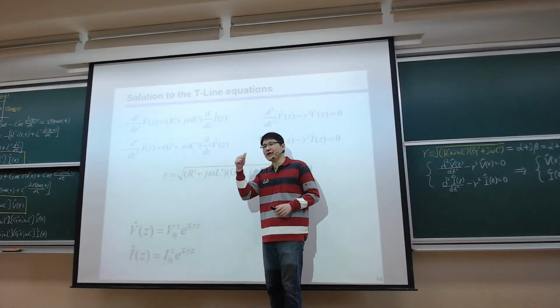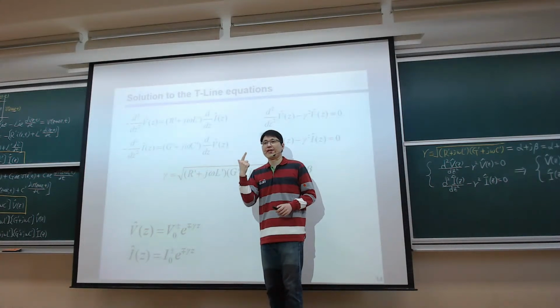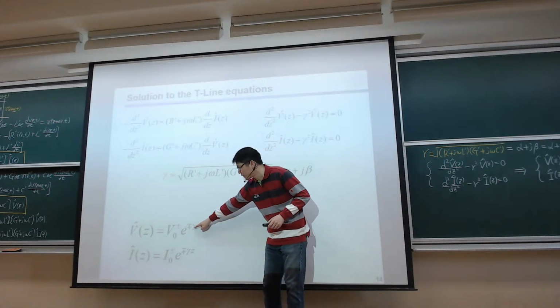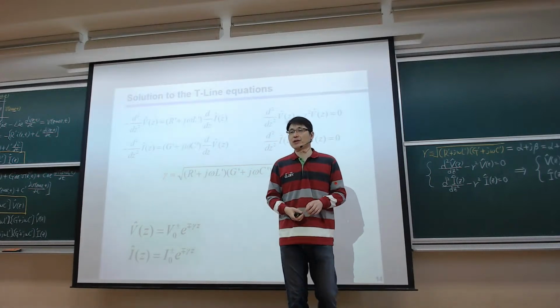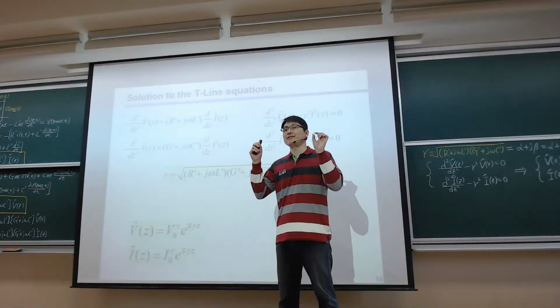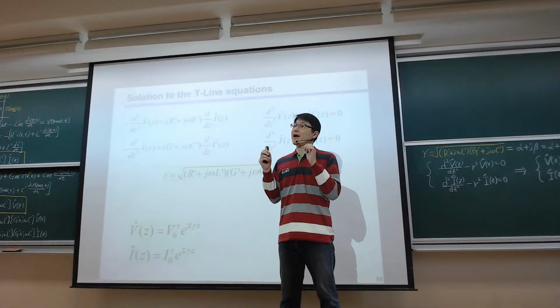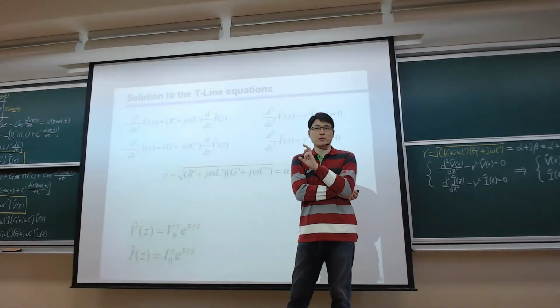No matter whether it's voltage or current, positively propagating or negatively propagating, they all have the same propagation behavior. They share the same gamma value. So voltage and current have the same attenuation coefficient, and they have the same effective wavelength on the transmission line.